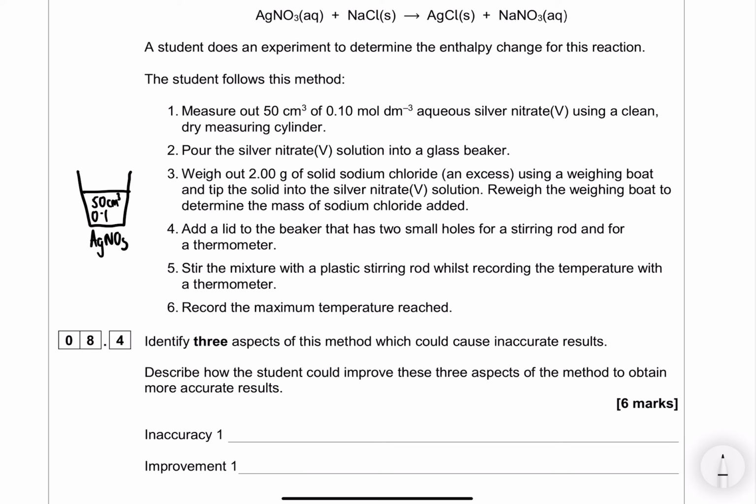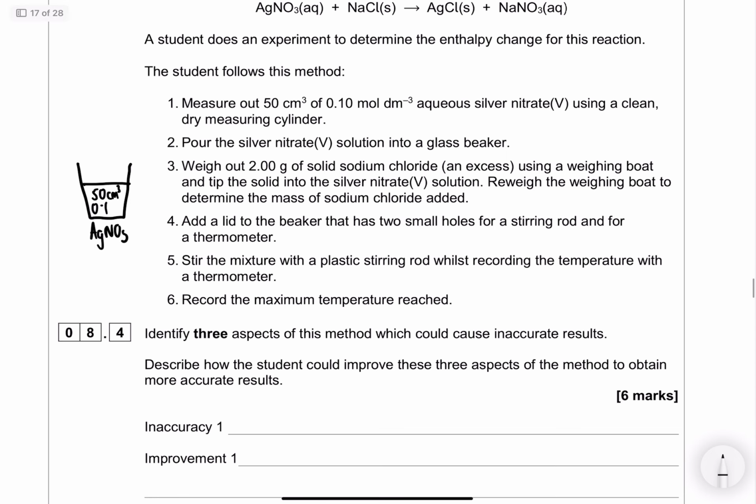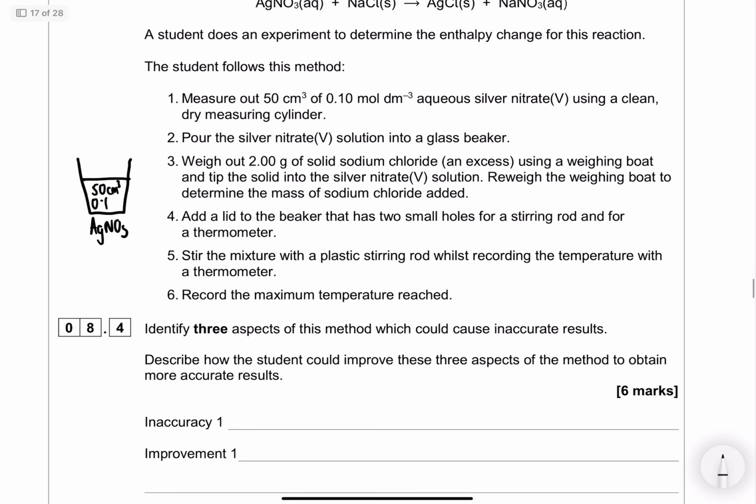And they've put it in a glass beaker. They've weighed 2 grams of sodium chloride and tipped it in and reweighed the weighing boat. They've added a lid to the beaker that will reduce the heat loss. They've stirred the mixture while recording the temperature with a thermometer.